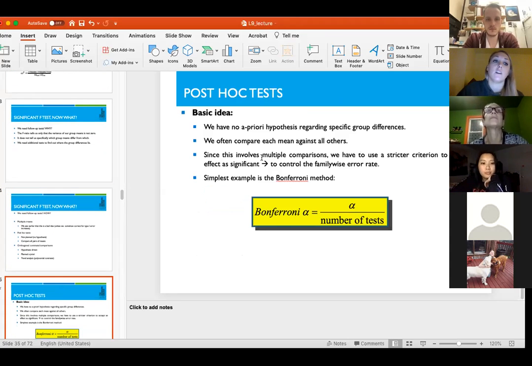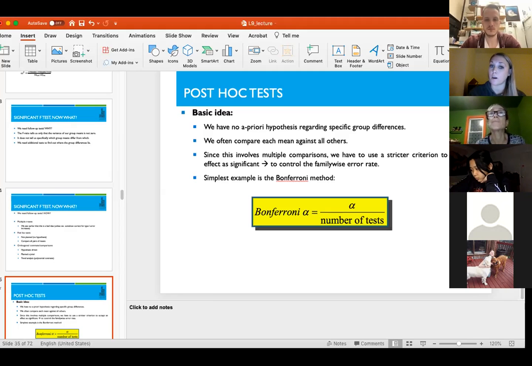So one of the most common, and I briefly mentioned this at the beginning of class when we talked about multiple comparisons, is the Bonferroni test. Your Bonferroni correction is the strictest multiple comparison correction, because it essentially takes however many tests you're doing and calculates a new threshold for what you can call significant.